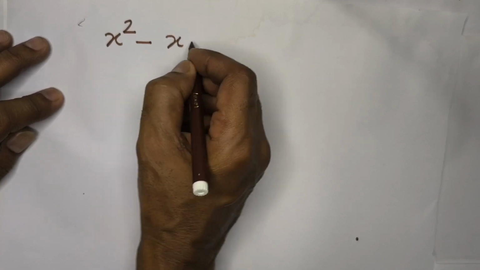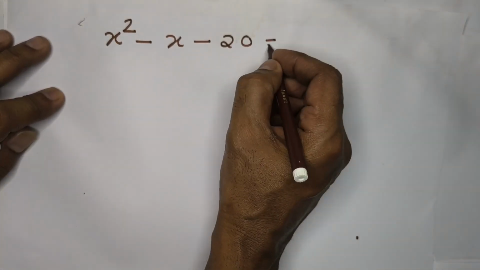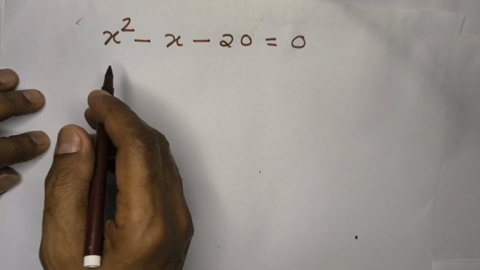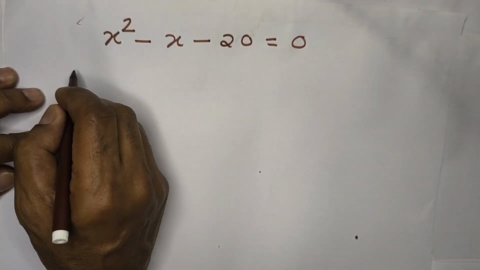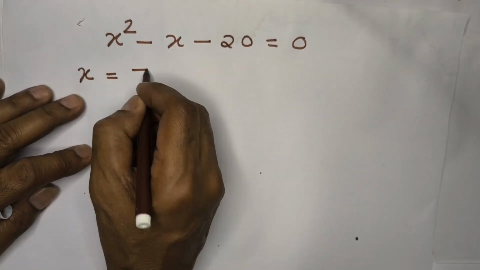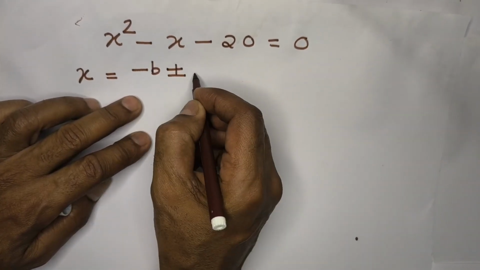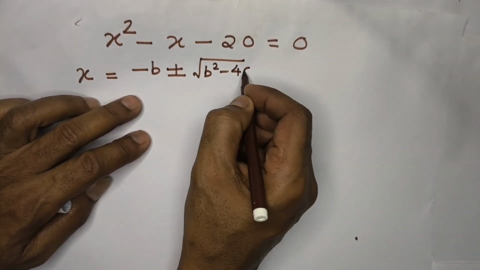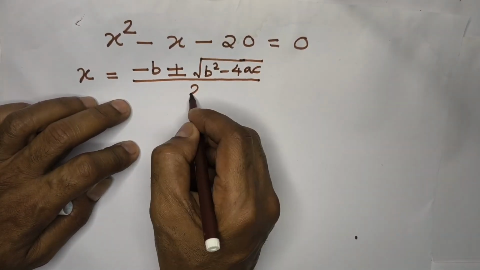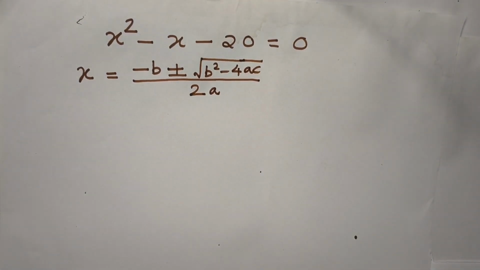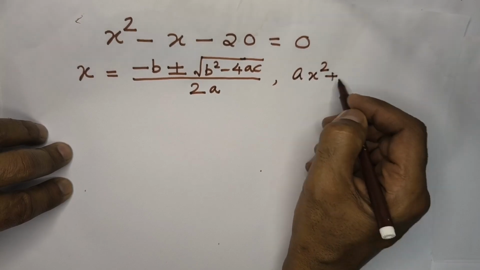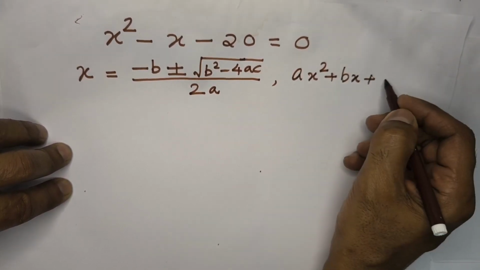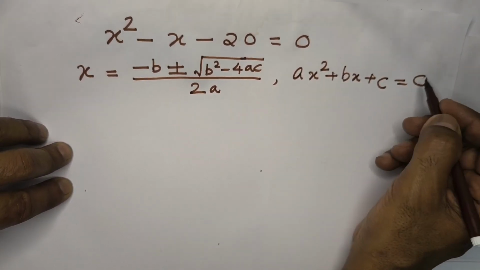That's all. So this is the quadratic equation we have. X square minus x minus 20 equal to 0. To apply the formula method to find out the solutions of this quadratic equation, we use this formula. X equal to minus b plus or minus square root of b square minus 4ac divided by 2a, where a, b, c are what? a, b, c are the coefficients of the general quadratic equation of this kind, ax square plus bx plus c equal to 0.